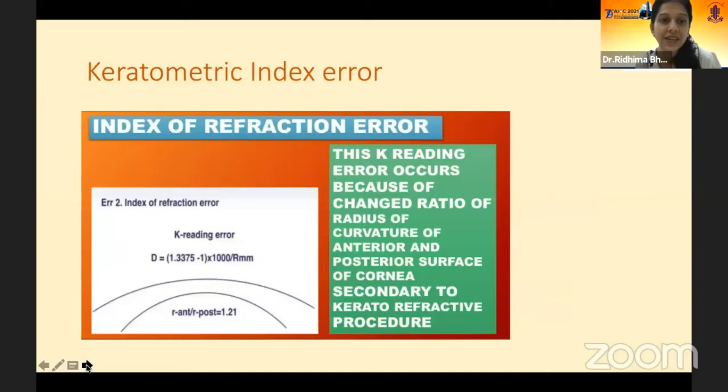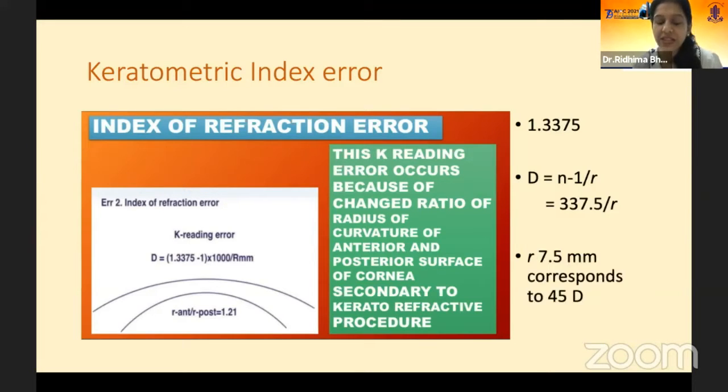The second error is the keratometric index error. So the keratometric index of refraction is a standardized arbitrary figure of 1.3375. And this value is used to derive the corneal power measurement in diopters from the radius of anterior corneal curvature that we derive from our keratometers or topographers, so that it would give us the power reading in diopters.